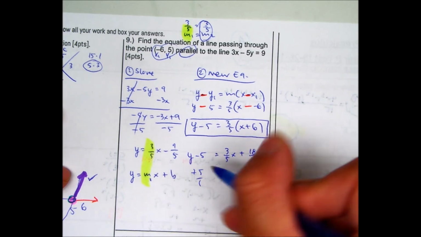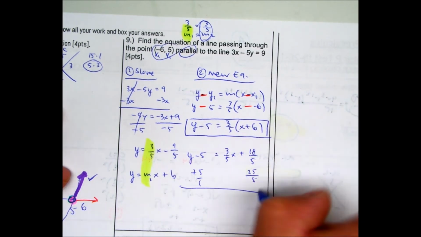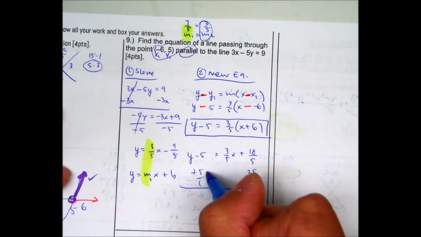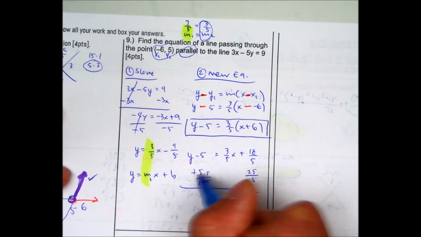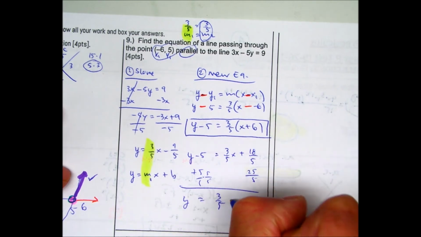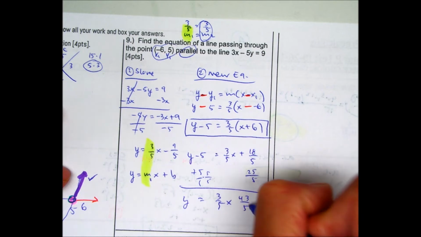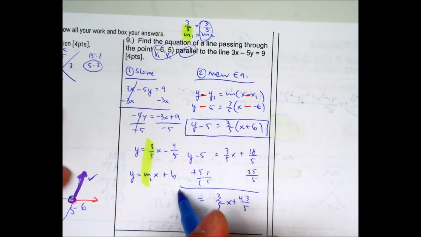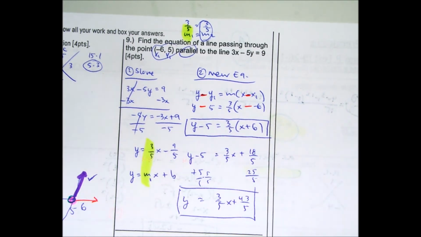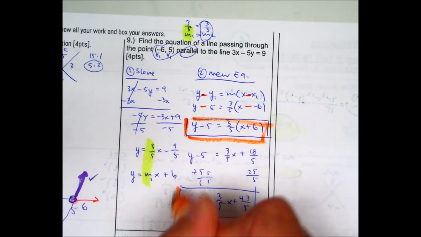So adding 5 is 25/5, right, because you just do 5/5, multiply across. This is an equivalent fraction to 5. So y equals 3/5 x plus 43/5. So either of these answers here in orange would be acceptable.